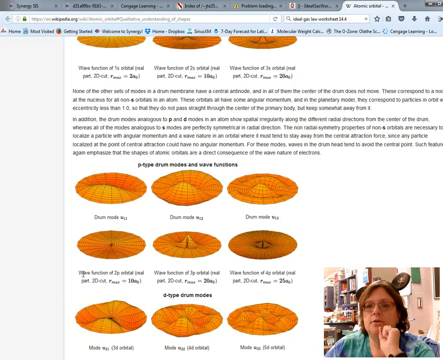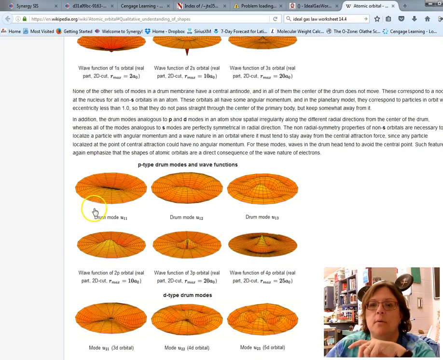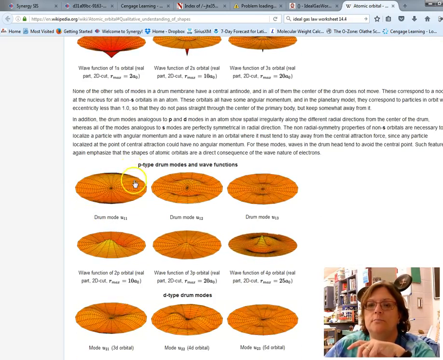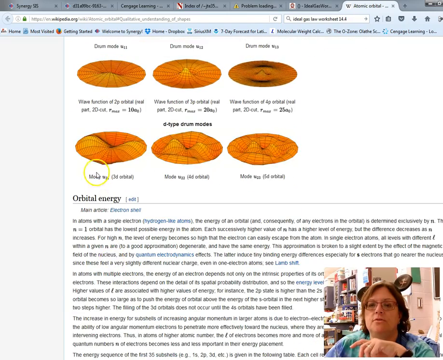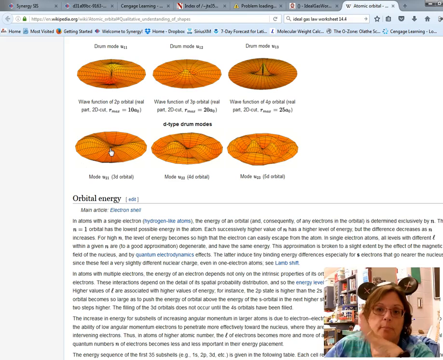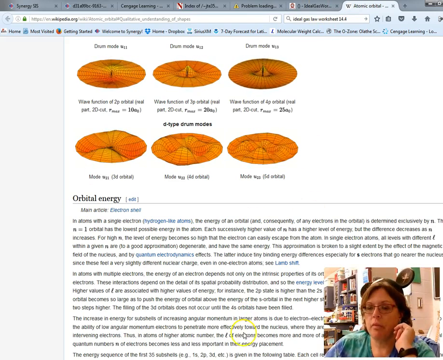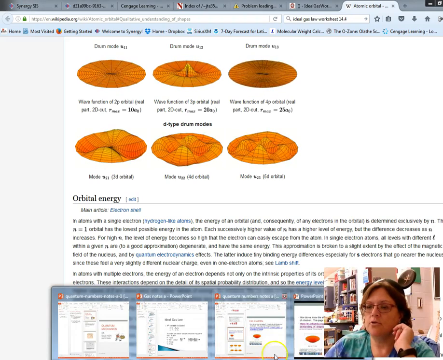Okay? So you can see now, hopefully, a little bit better the shape. There's your circular shape. Here is your P shape and your D shape, which we call double peanut shape. Okay? That worked pretty well for a change.